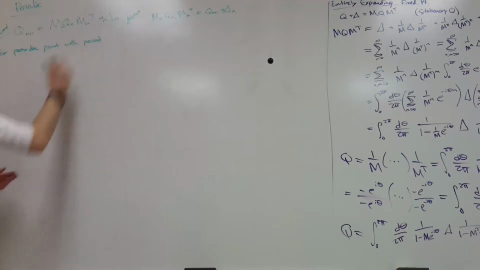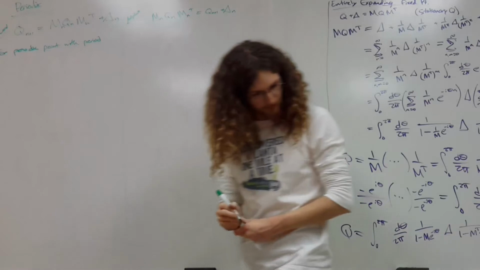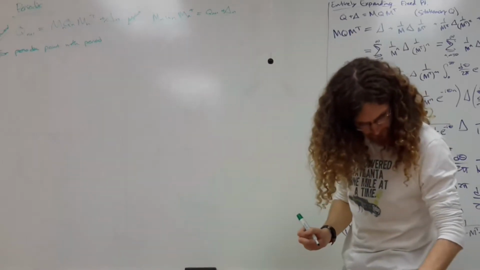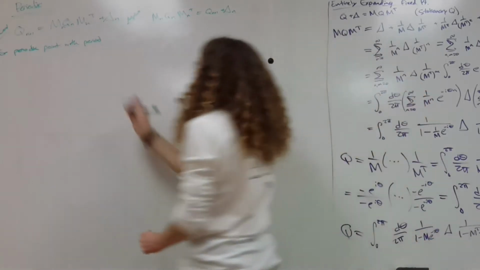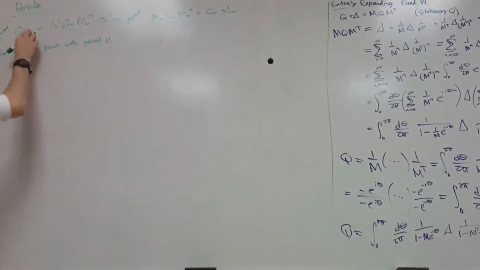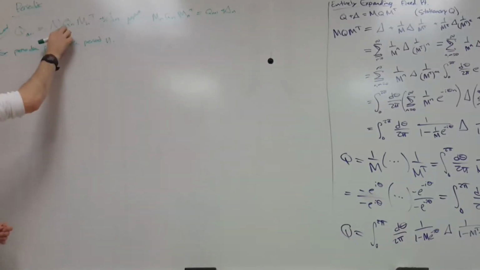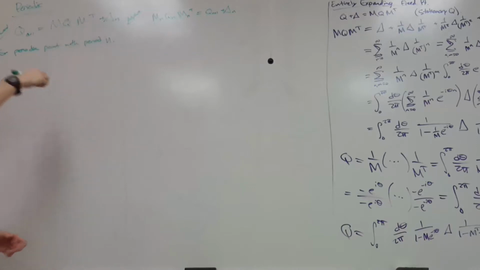Okay, so we have a periodic point with period, let's see, what did I call it there? Period n. I used n up here, I used a over here. So now, I'm just changing the name of my label.